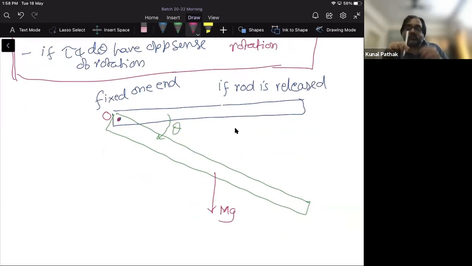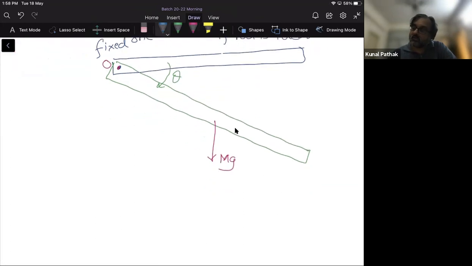So whether there is friction, whether there is normal reaction, which is definitely here, I don't really care about it because I'm going to take the torque from this point. Right? This point is where I take the torque from. So if I write then torque about point O, it will come out to be mg into L by 2 cosine theta.